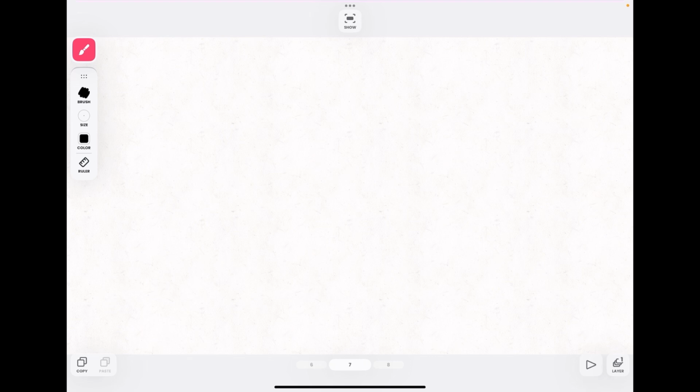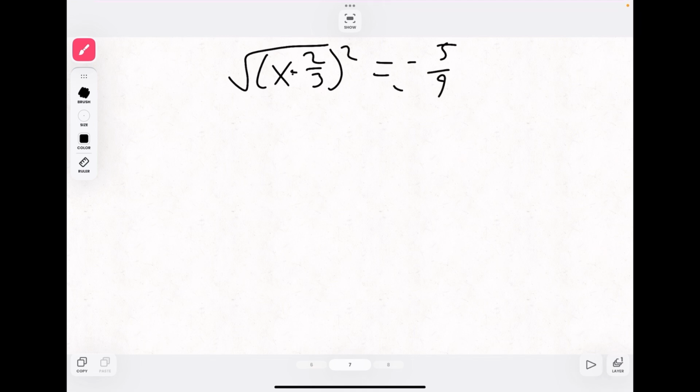So the square root of x minus 2/3 squared is equal to, what was it, negative 5/9? Yep, that's right. Anyways, the square root of x minus 2/3 squared is obviously x minus 2/3. But to solve the square root of fractions, just in case you need a reminder, you're going to simply square root the numerator and the denominator.